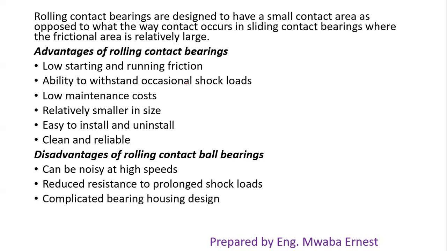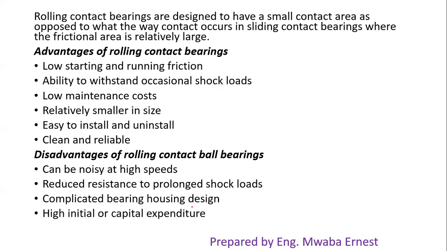Now, when you talk about these rolling contact bearings, they have some precision demands. So you find that the housing design and the tolerances involved can be quite something. That's why they are complicated bearing housing designs, because of those parameters.